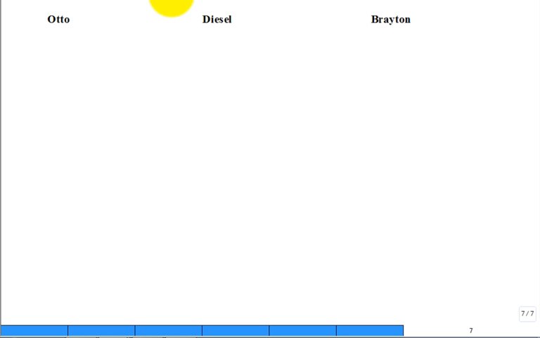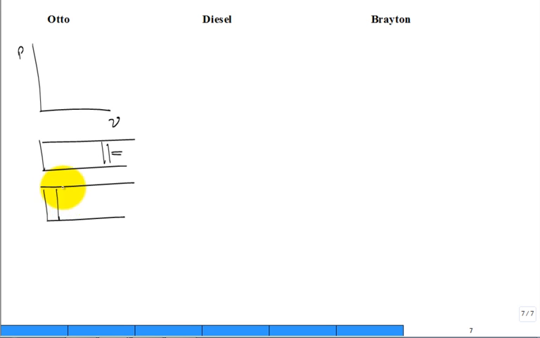So let's try and put these all in comparison. For Otto, for a diesel, and for a Brayton, I would like to put them on a pressure-volume diagram, a PV diagram. So think of a piston in a cylinder. This is the cylinder, maybe the piston starts here, and you end up compressing to a smaller volume. So it starts at state 1, ends at state 2.